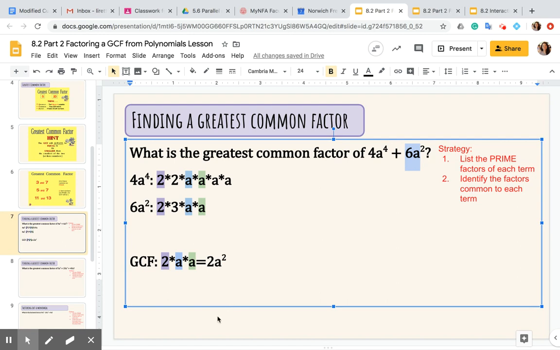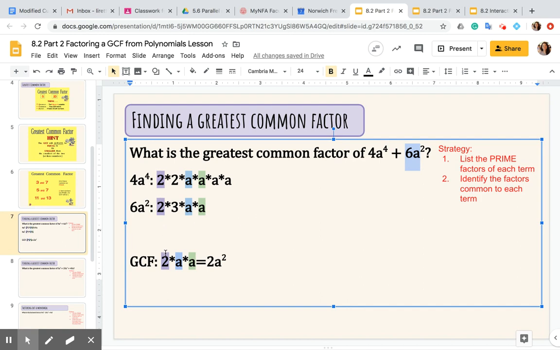Okay, so to recap what I just did here, because it's a little confusing if you haven't done anything like this before. I took each of these terms inside this polynomial and I broke it down into all of its prime factors by just expanding it into multiplication. I did the same thing for the other term. And then I identified the factors that were common to each one.